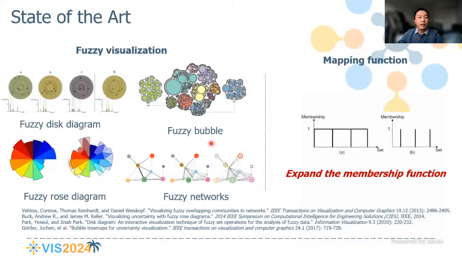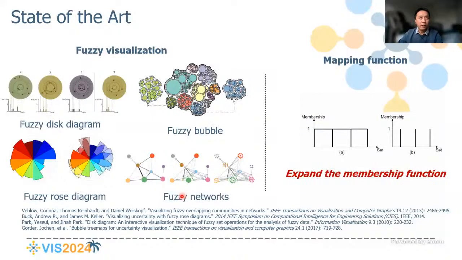About this work, there is some relevant work, such as fuzzy visualization and the mapping function. Speaking of fuzzy visualization, there are some typical related works like fuzzy disk diagram, fuzzy bubble, fuzzy rows diagram, fuzzy networks.